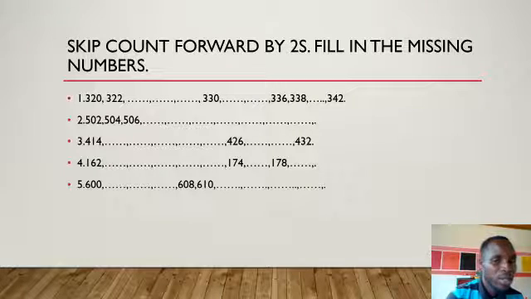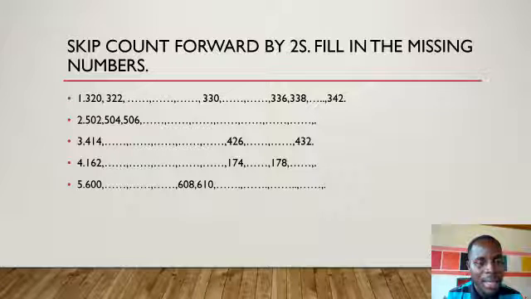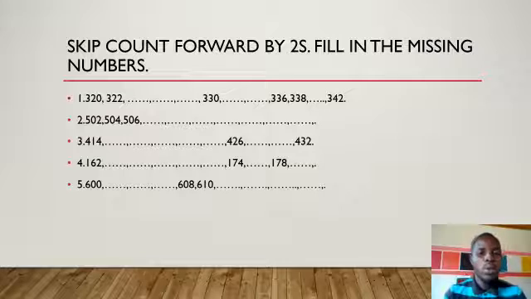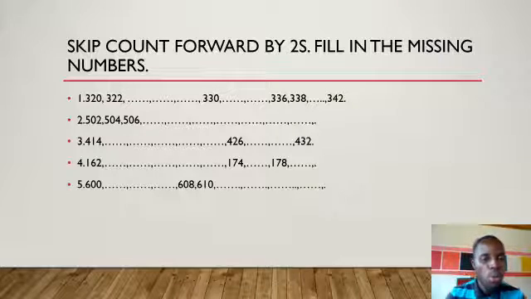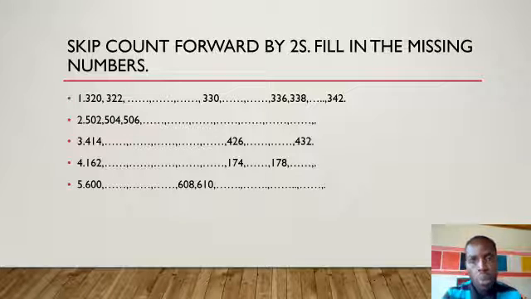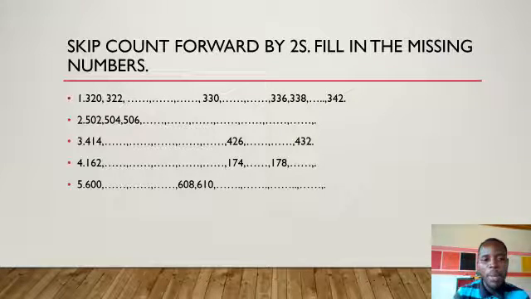Skip count backwards, you have in mind that you have to subtract. But here it says skip count forward by 2's. And I told you earlier that if you hear the word forward, it means you are adding up. By what? By 2's. So you have two important pieces of information: adding up by 2. It says fill in the missing numbers.